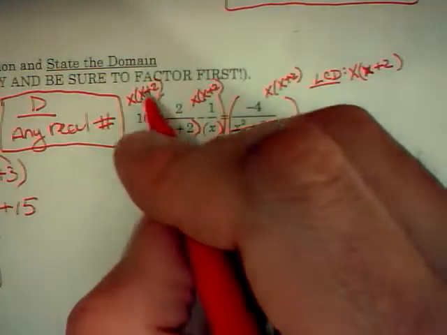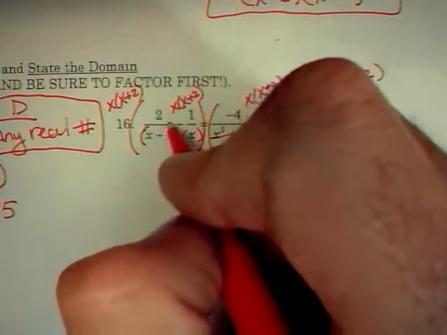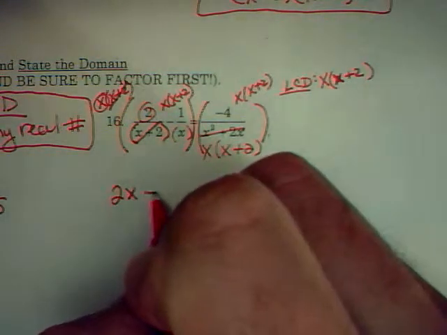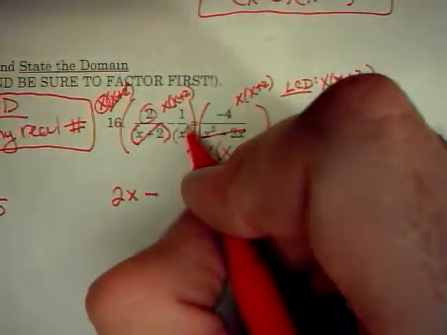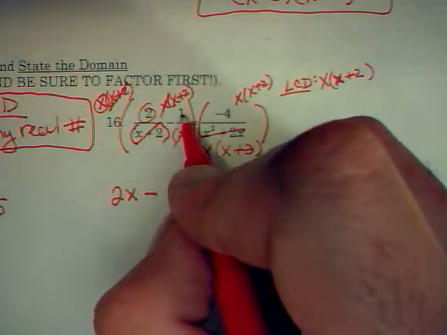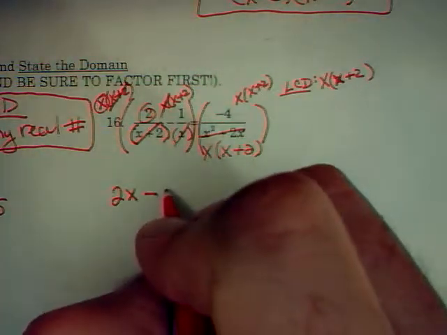So we multiply our first fraction by our least common denominator. Again, the purpose is to get the denominators to go away. So the x plus 2 cancels, which leaves you with a 2 and an x. So that gets you 2x minus, and the second fraction, the x cancels with the x, which leaves you with x plus 2 times 1.